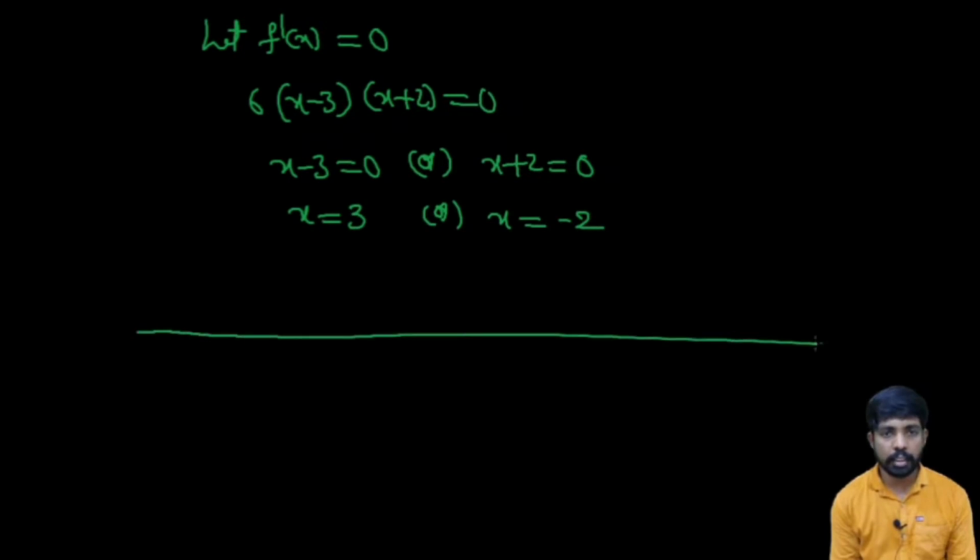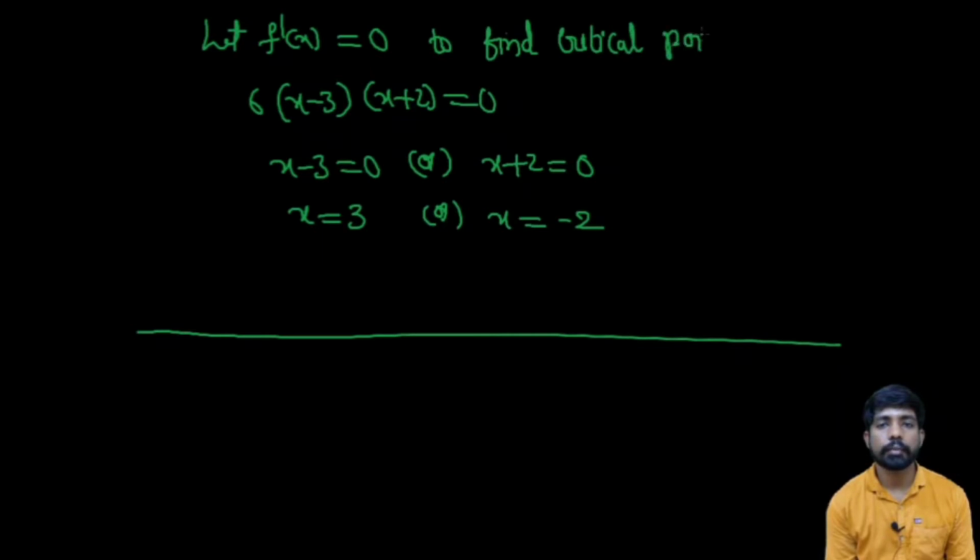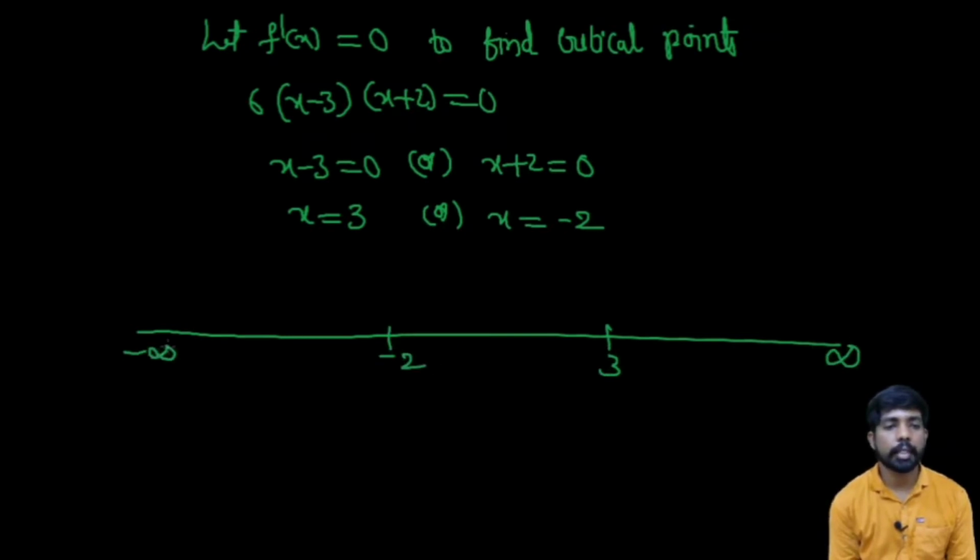So these are the critical points. We make f dash of x equal to 0 to find the critical points. So here is the number line: this is 3 and this is minus 2, with minus infinity and infinity at the ends.